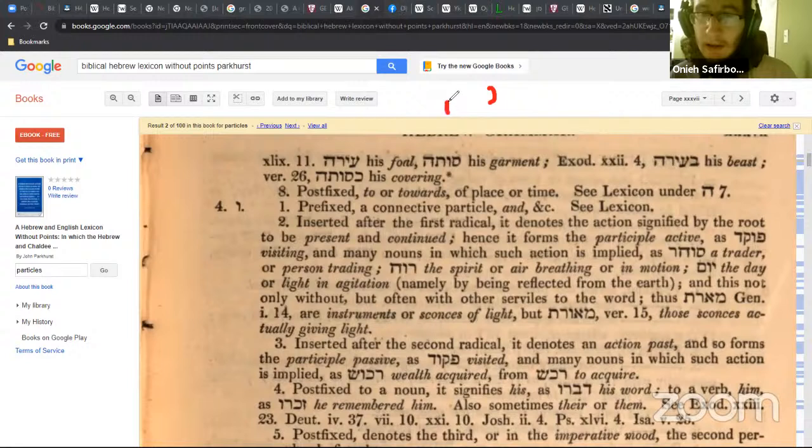But if you are saying you're going towards the sea, you could say lamed yod mem, to the sea, right? Or you could say aleph lamed, unto the sea.